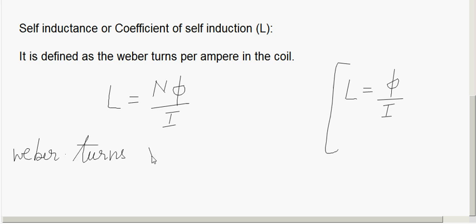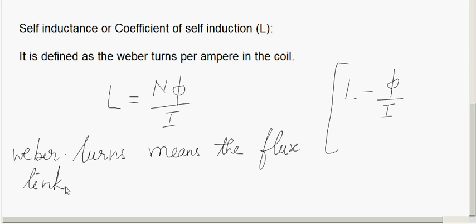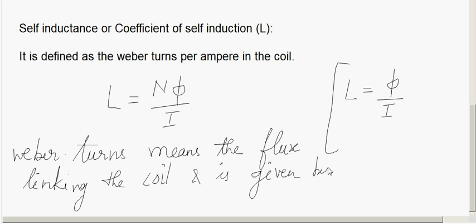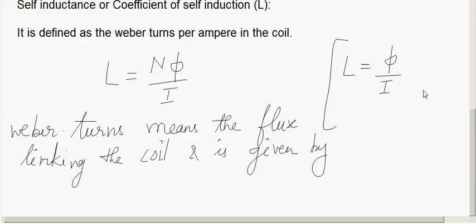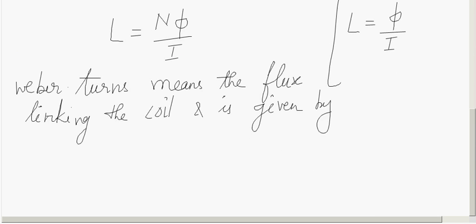Weber turns means the flux linkages of the coil, the total flux linking the coil, and is given by Weber turns as number of turns multiplied by flux.